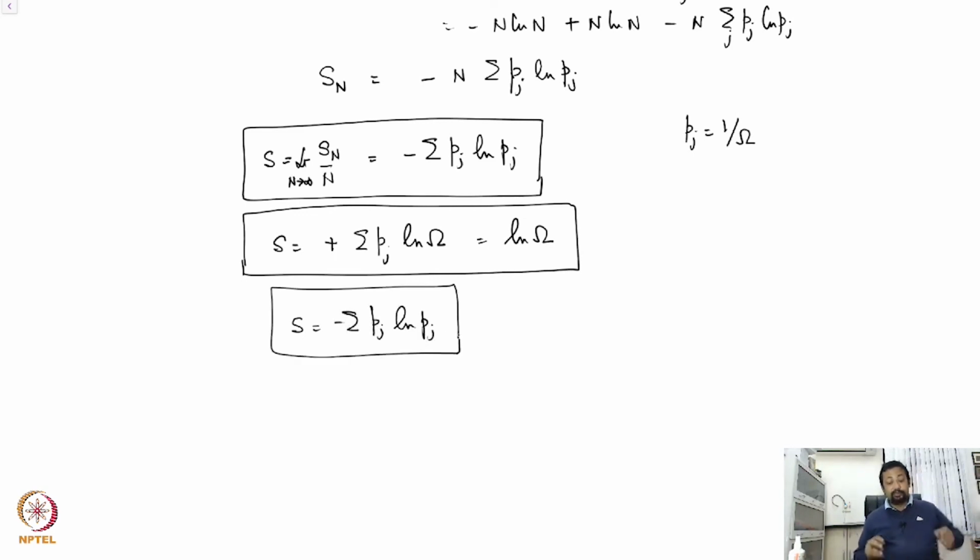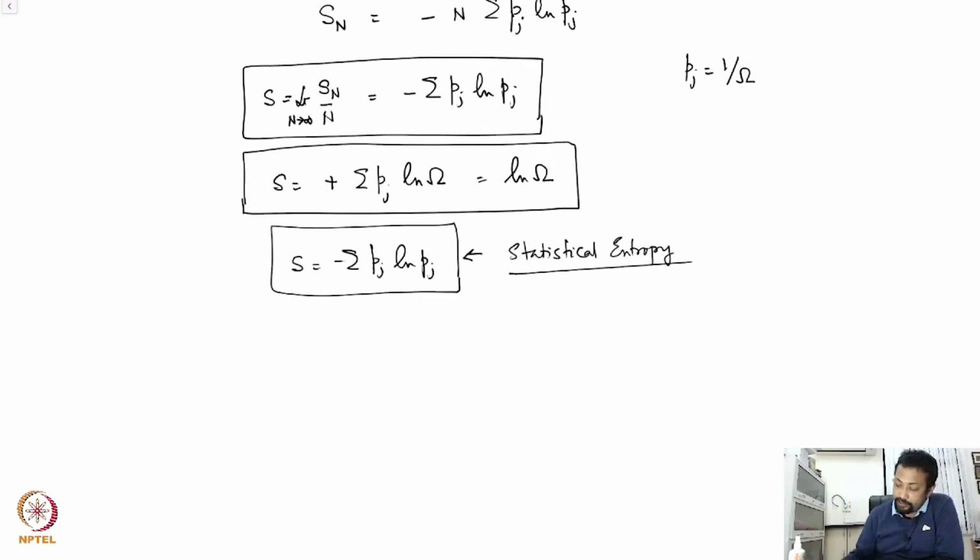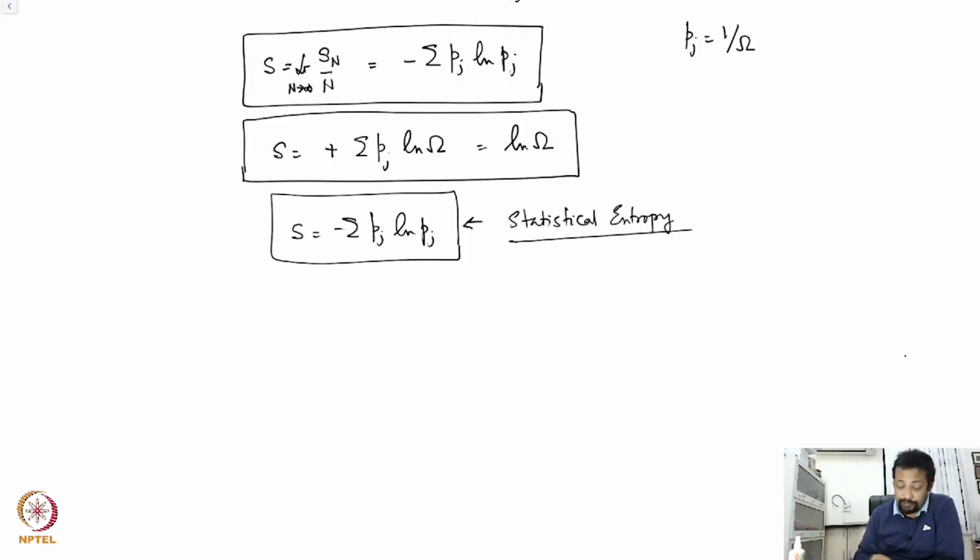As we shall see, this has a very deep connection to statistical mechanics. We call this the statistical entropy, and it has certain characteristics, right?